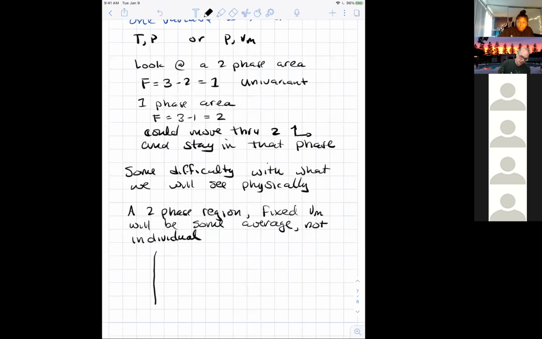So let me draw a cartoon just to visualize this. We have the liquid, we have the gas. If we are adjusting T and P, and actually, if we have 2 phases, we have a univariate system. So we get T or P. It's not that they're not both going to change.